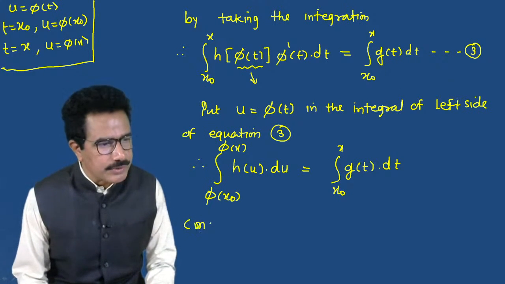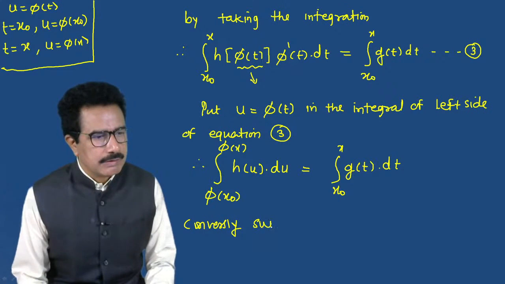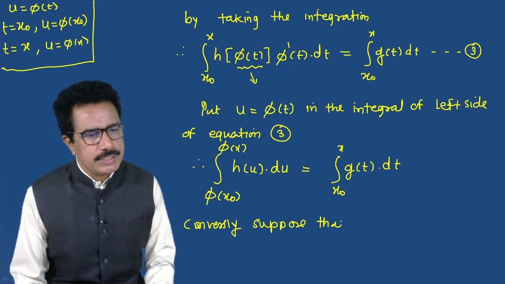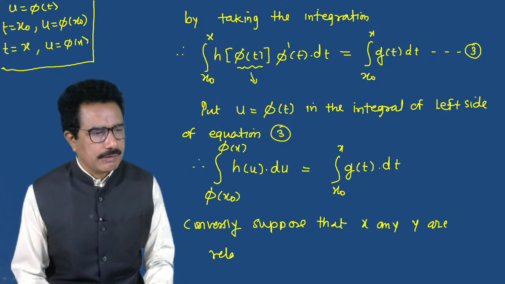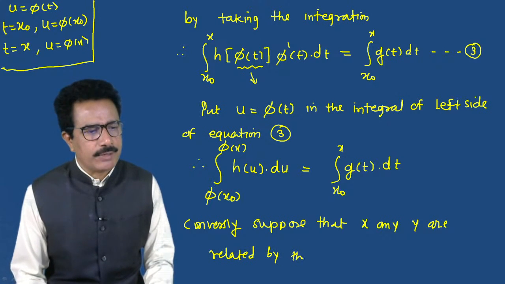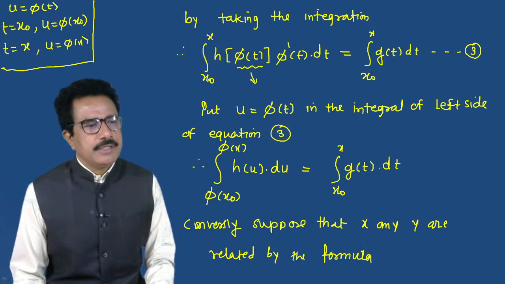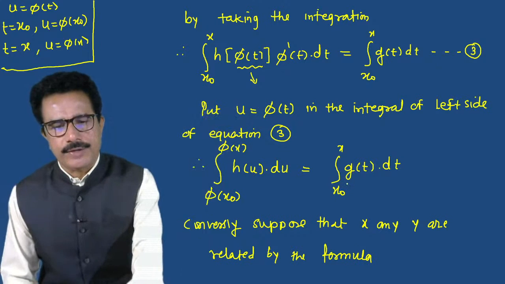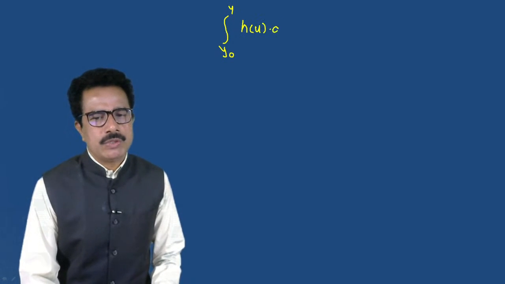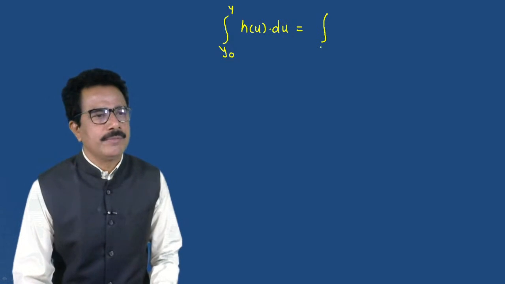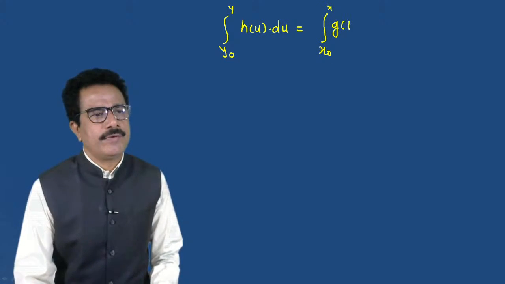Now conversely, suppose that x and y are related by the formula, that is, the integral from y0 to y of h of u into du, which is equal to the integral from x0 to x of g of t into dt.